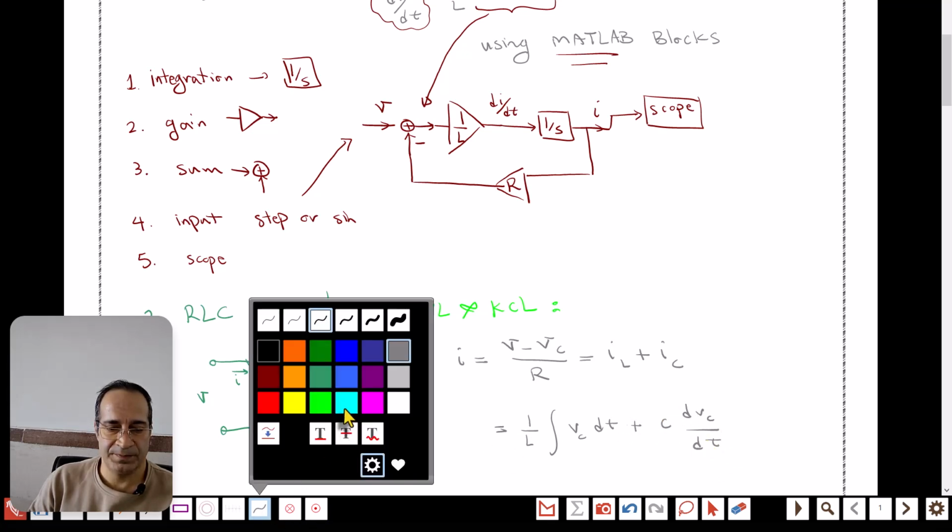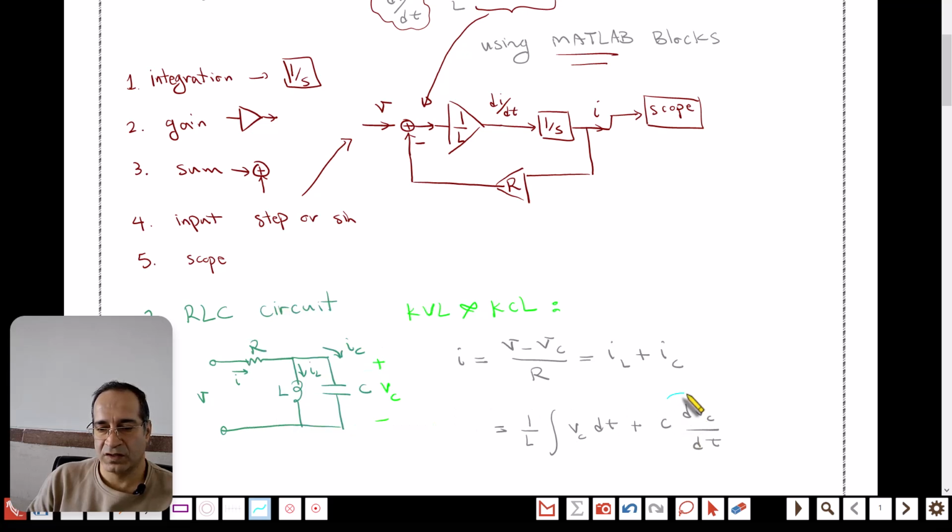For IL, I use the equation for an inductor. Notice that this VC is the voltage of the capacitor as well as the inductor.